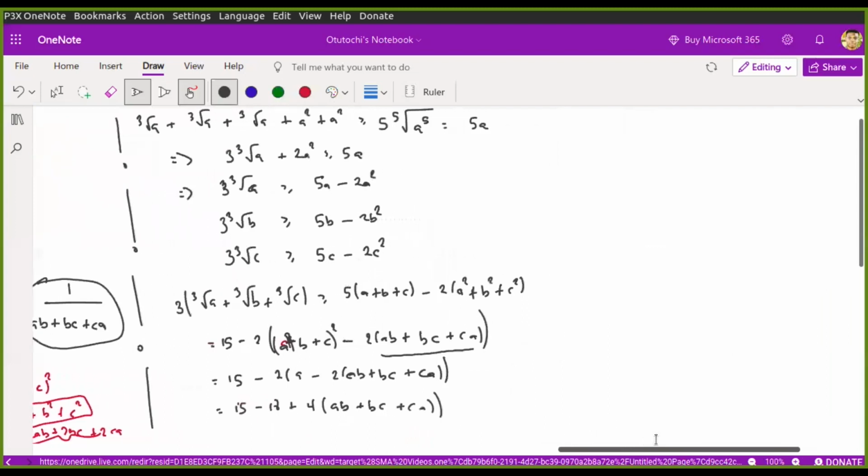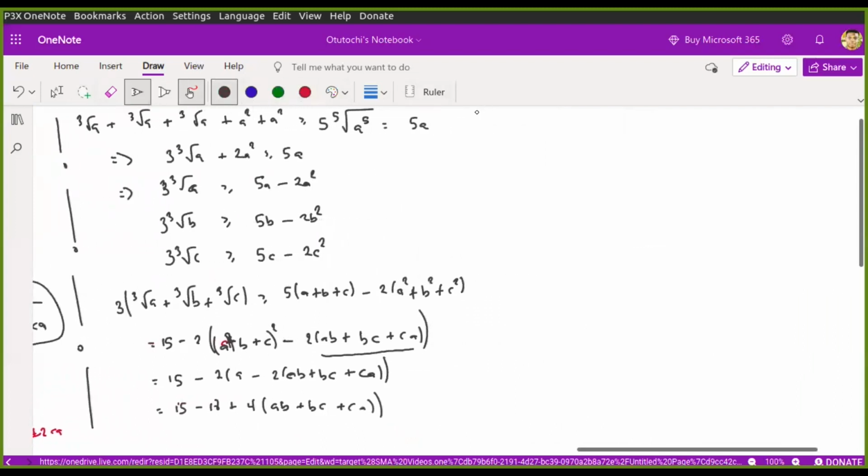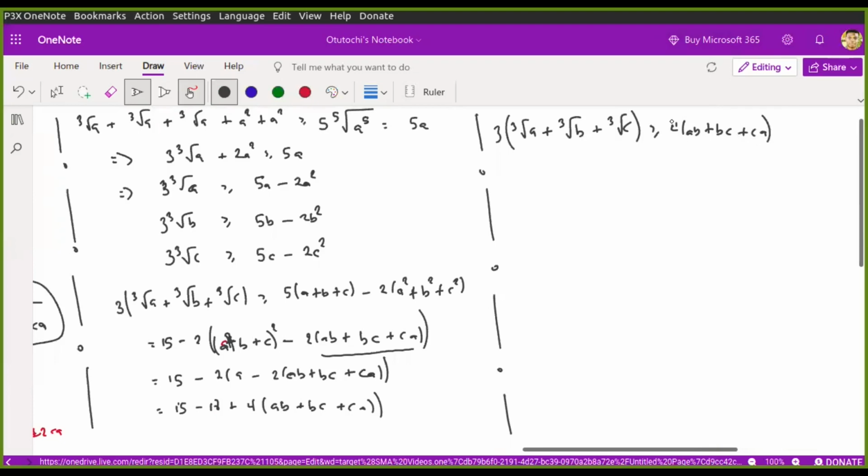So with this we have 3 times (cube root of A plus cube root of B plus cube root of C), right, is greater than or equal to 15 minus 18 will give us minus 3.